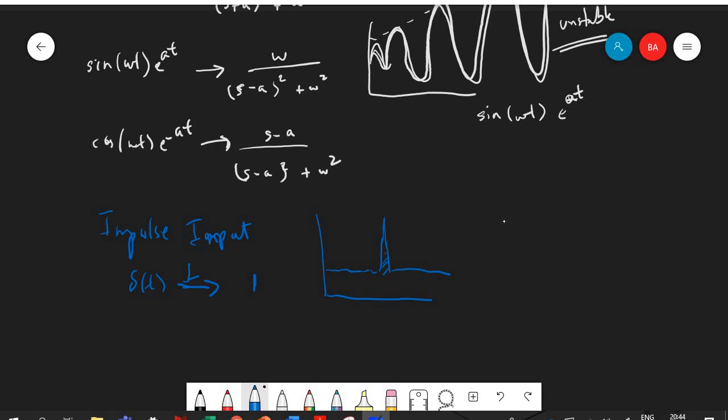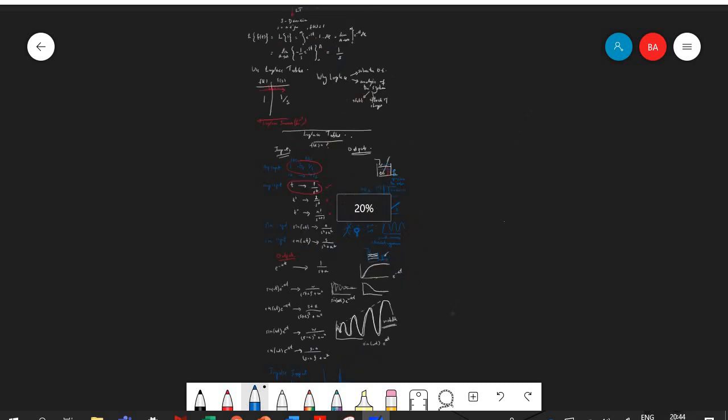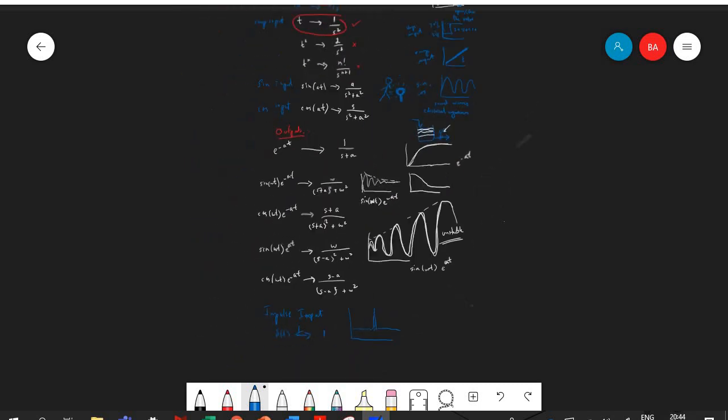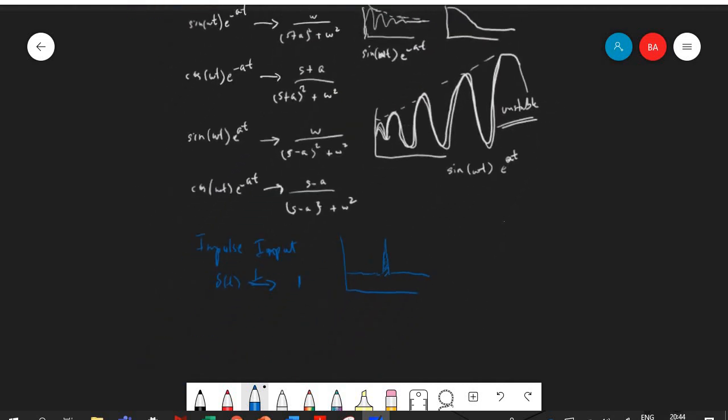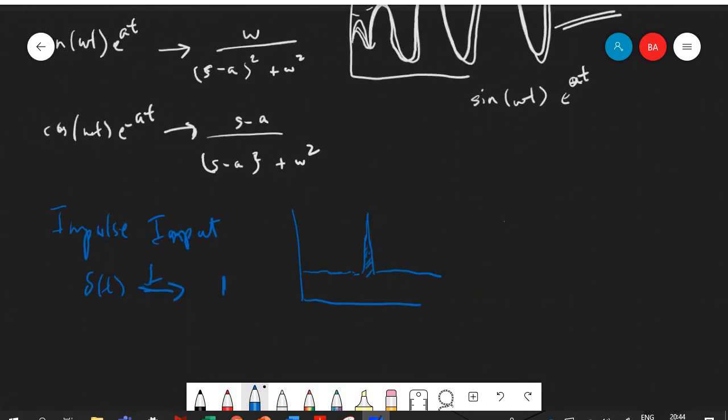Taking the integration under that area, you're going to go through a lot of derivations until you get the Laplace, or the integral, after taking the Laplace, to be 1.